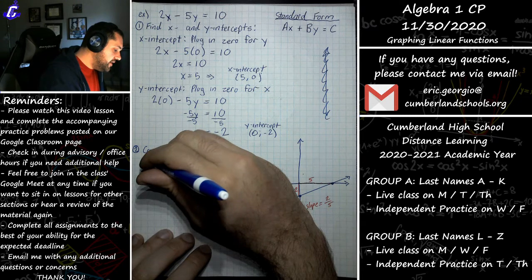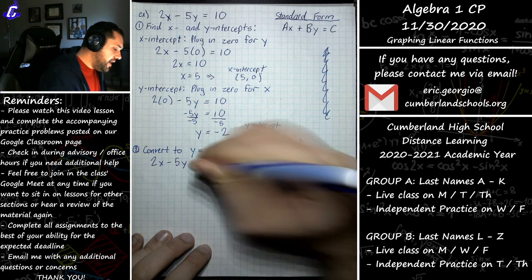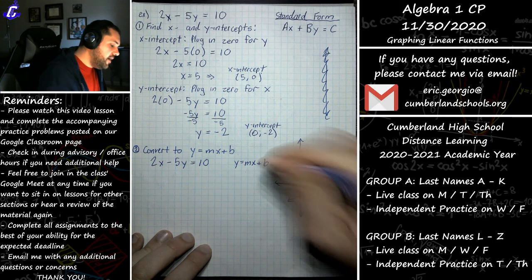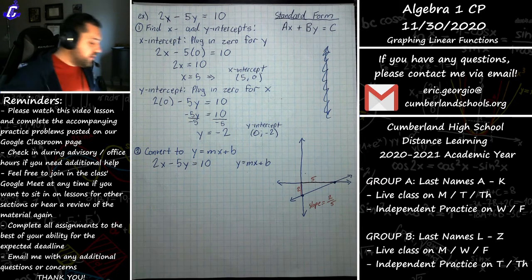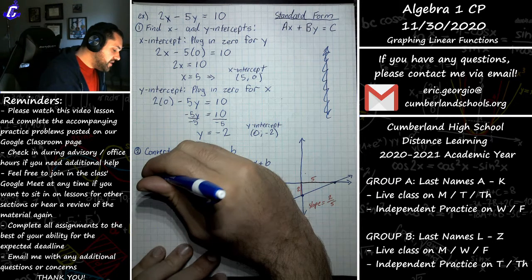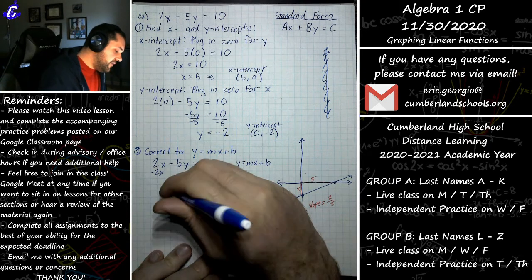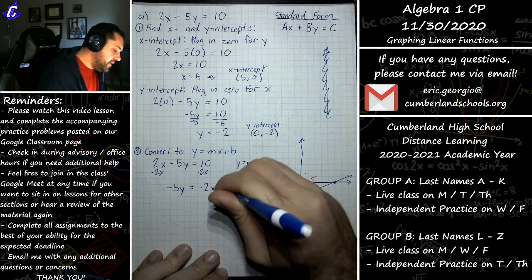If I have 2x minus 5y equals 10, and I want it to look like y equals mx plus b, that means I want y alone on the left side, and I want everything else to move over to the right side. So in order to accomplish that, we can subtract 2x from both sides. That would give us negative 5y is equal to negative 2x plus 10.